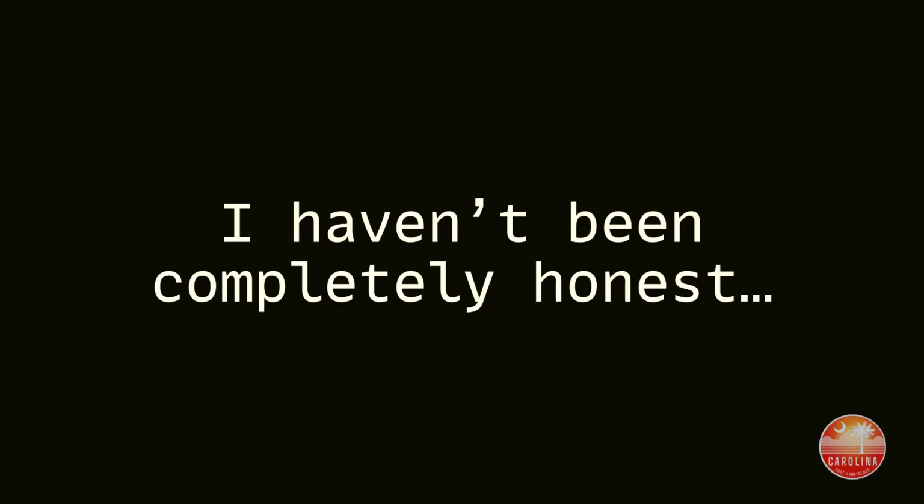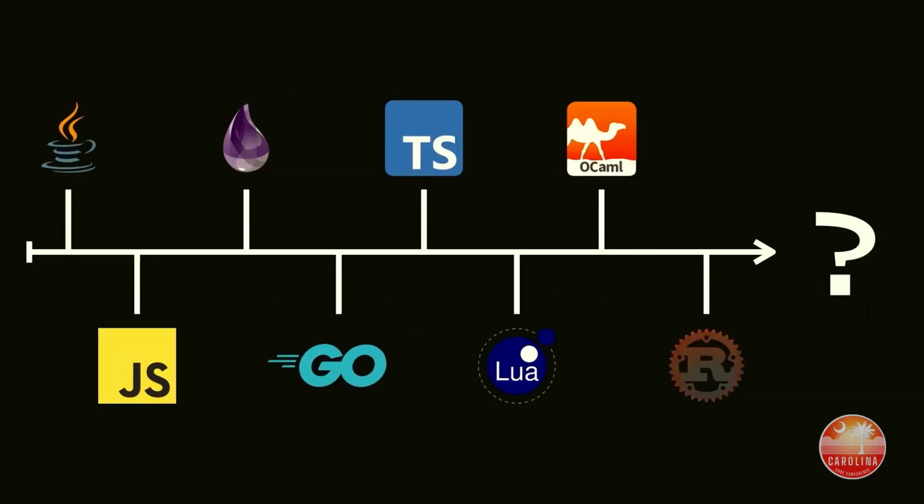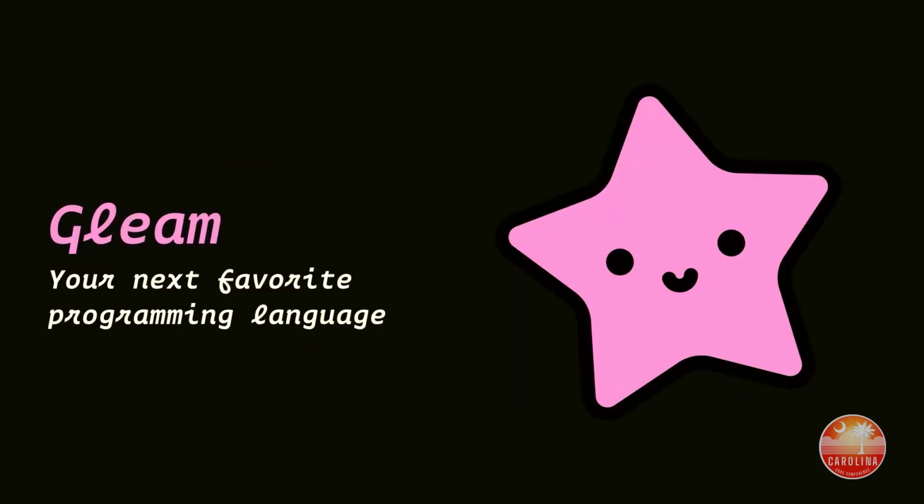So, as many of you are probably already aware of, I haven't been completely honest about my programming language journey. There is another language that I've been working with for roughly the past 7 months. That language is Gleam, your next favorite programming language. This is also Lucy, the official mascot of Gleam.